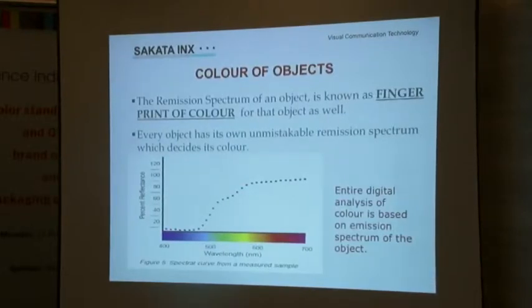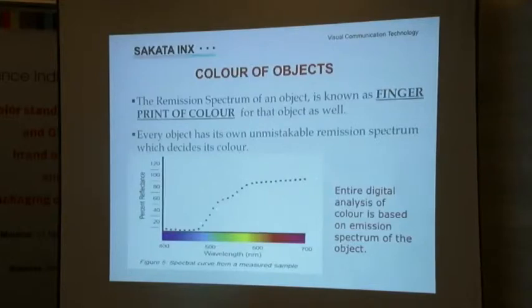When light is incident on the object, it reflects some of the light. The entire digital analysis of color is based on the emission spectrum of the object.